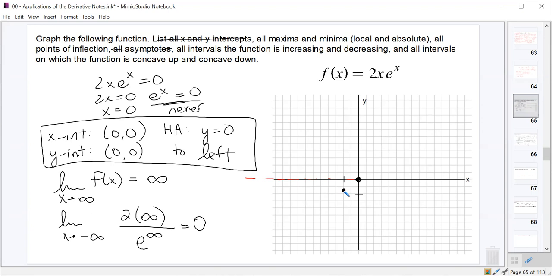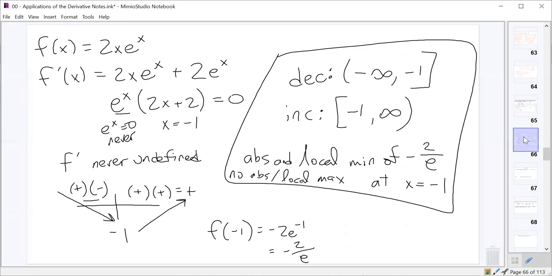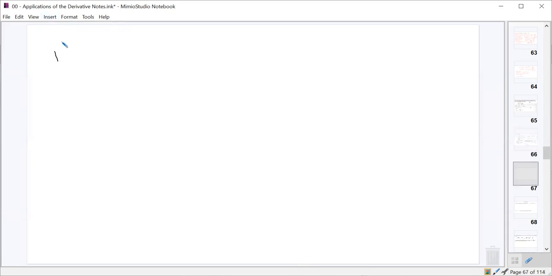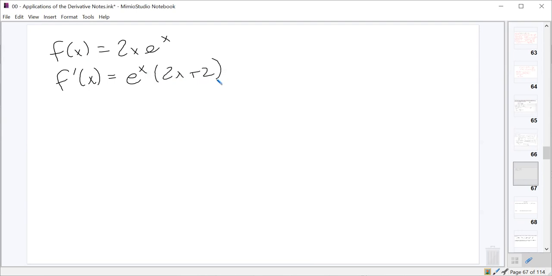And then let's go in here and take a second derivative and see if we can figure out about the concavity of this function. So our first derivative ended up being e to the x times 2x plus 2. So we had f of x was 2x e to the x, and f prime of x was e to the x times 2x plus 2.